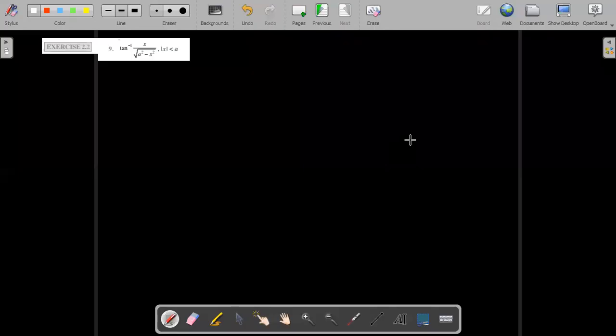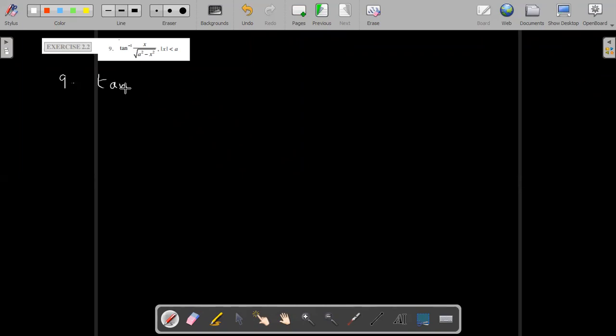Okay. So always our aim is to convert into tan inside. If tan is outside, we have to convert tan inside to find its value. But sometimes we have to substitute some values.